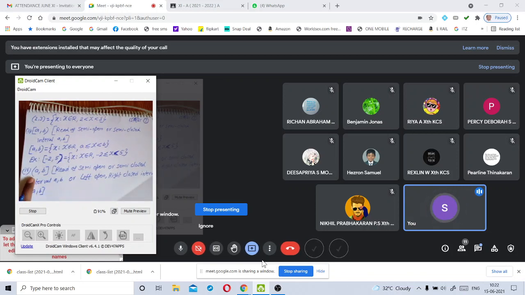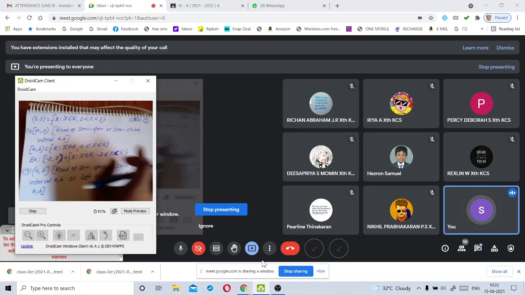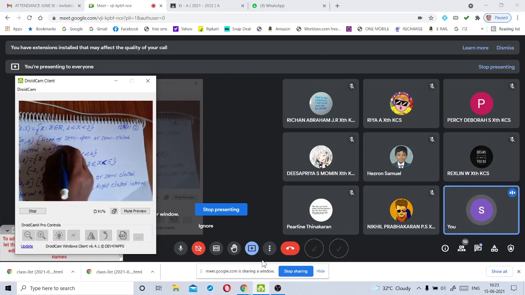On the left side we used a small bracket and on the right side we used a closed bracket, a square bracket. So we can read it as left open, right closed interval a comma b. This is also read as left closed, right open interval a comma b.